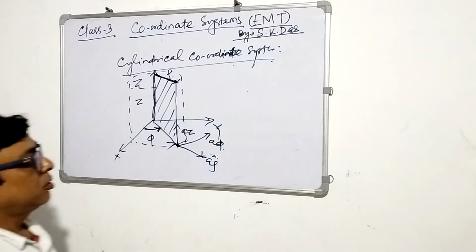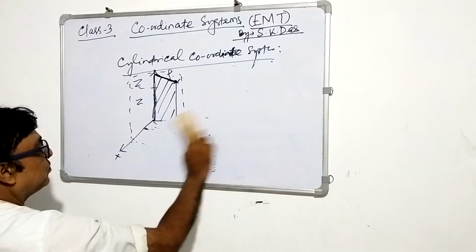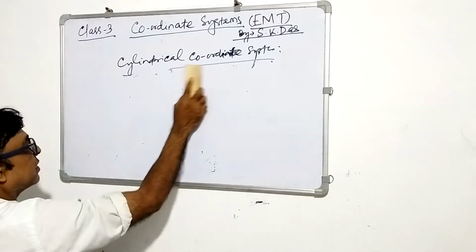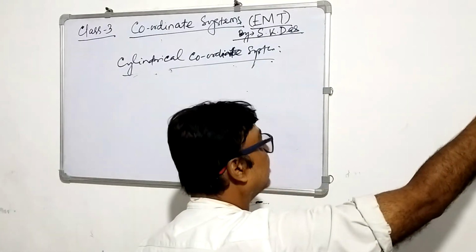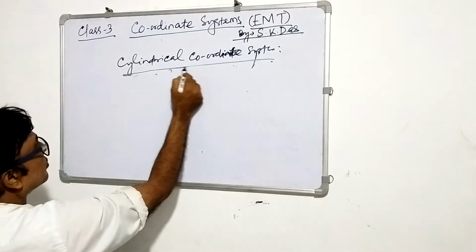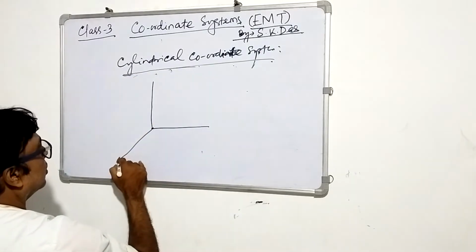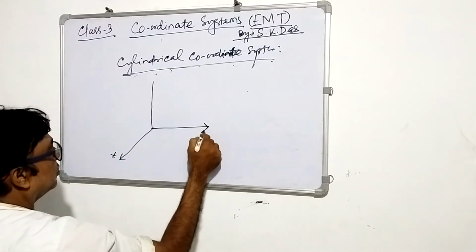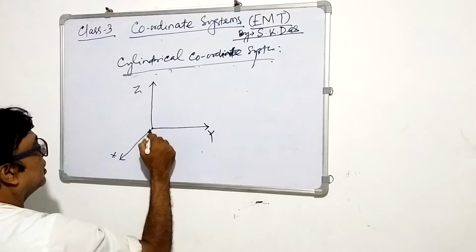Now suppose the coordinates are given in the cylindrical form. How to convert that into Cartesian form? So this one is x, as we have already discussed, this one is y, this one is z.